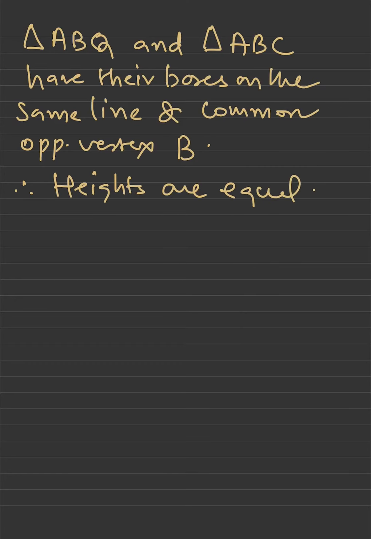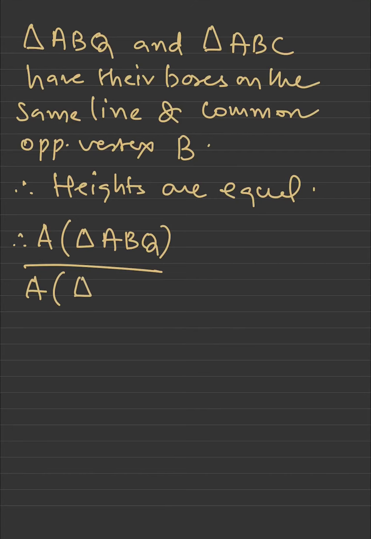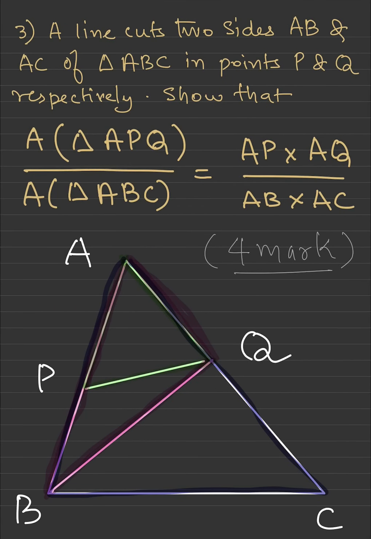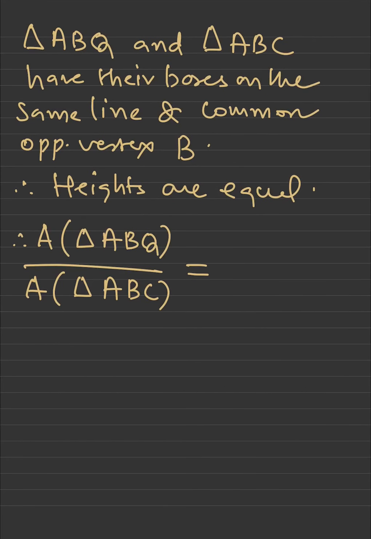The heights are equal, and if the heights are equal, you can say area of triangle ABQ upon area of triangle ABC will be equal to the ratio of their corresponding bases. So the corresponding bases will be AQ upon AC, right?